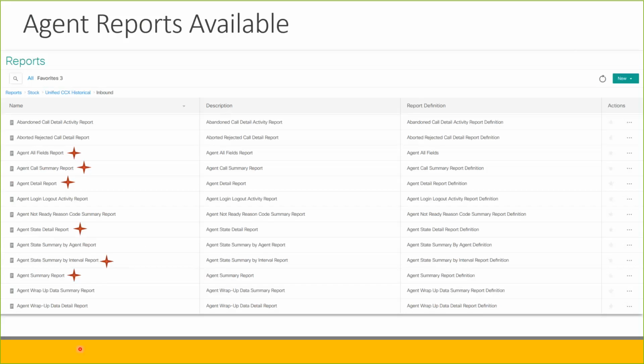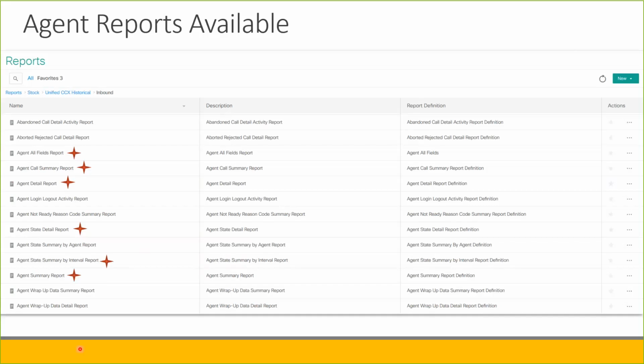One of the reasons I picked these specific reports is because these are the ones that I use most often. They help me find the key pieces of information that I need to get started, whether I need to see this at a summary level, a high level, how is everyone doing?